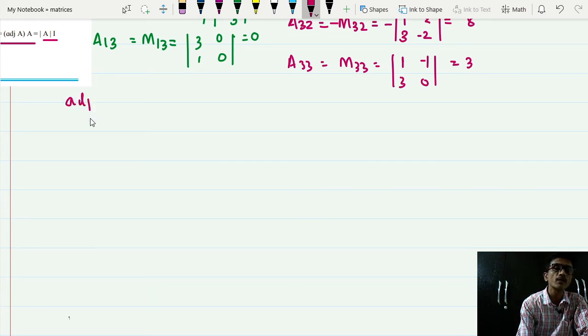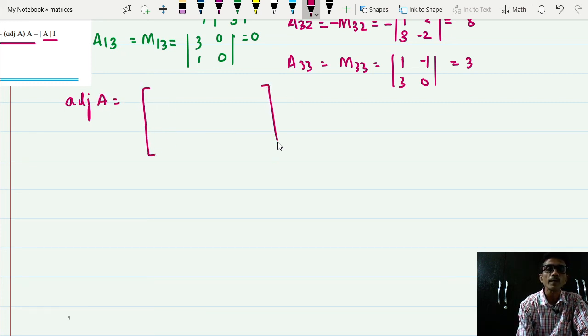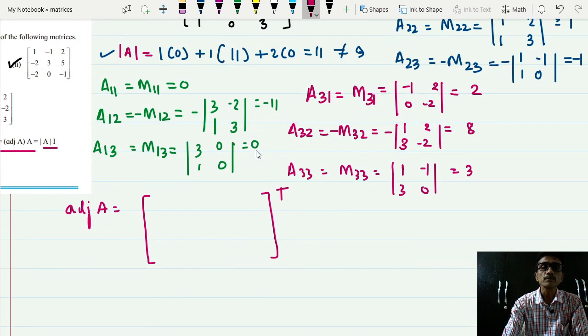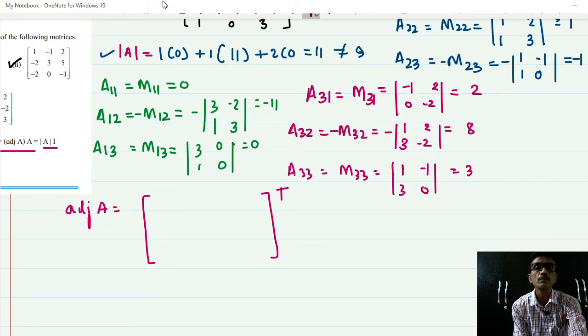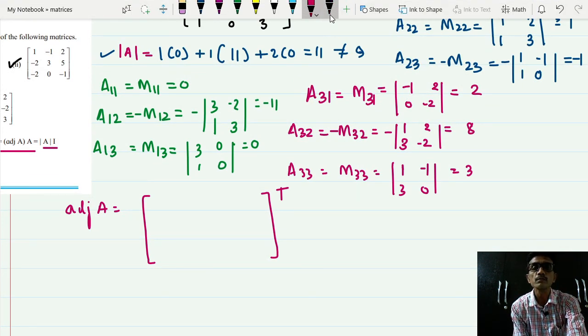What is the adjoint of a matrix? Adjoint of A is equal to the transpose of the matrix of cofactors. So let us write all cofactors. A11, what is our A11?